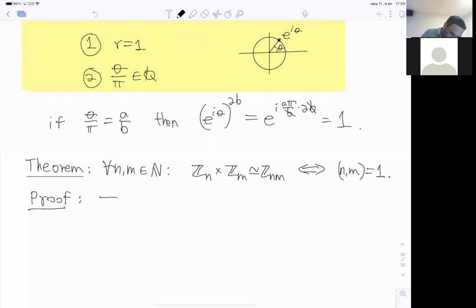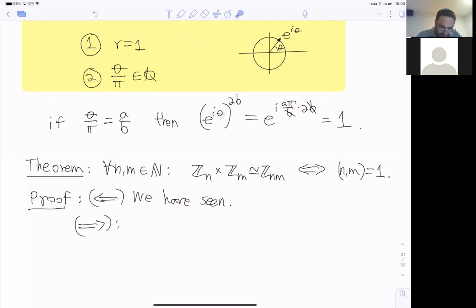So for the other direction, what do we need to show?